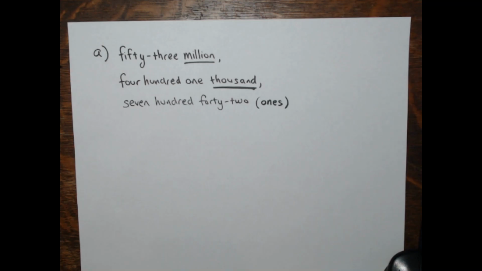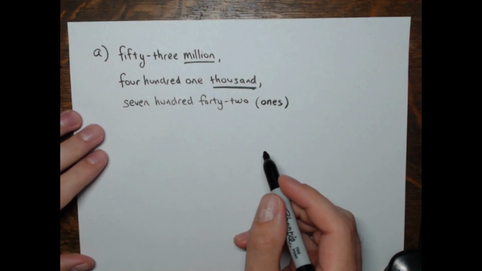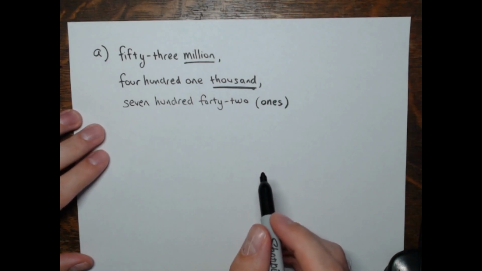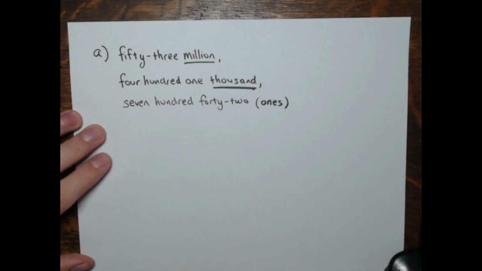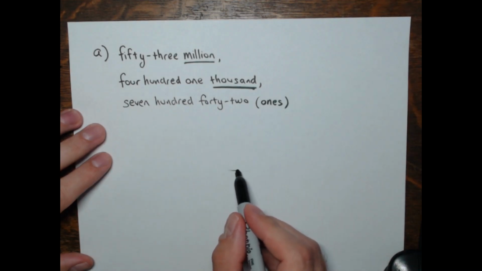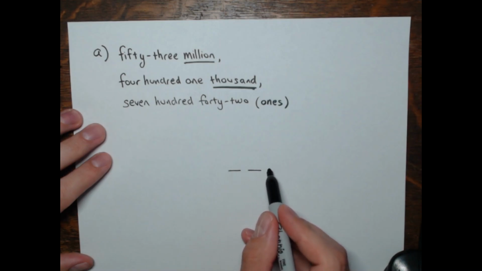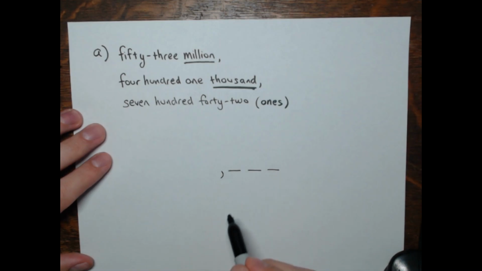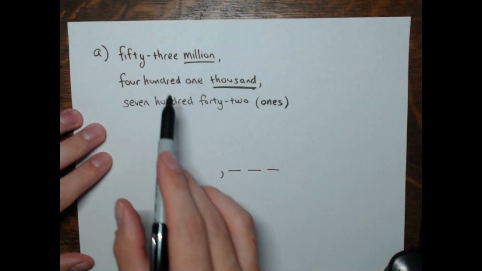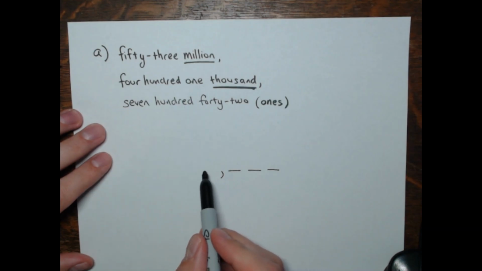All right, then step 2 says draw 3 blanks to indicate the number of places needed in each period. Separate the periods by commas. So there is a ones period. There's 3 blanks there, comma. There's a thousands period, and it goes all the way to the millions.